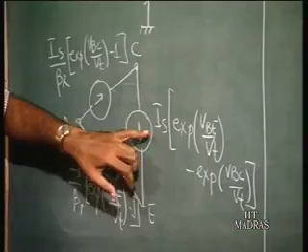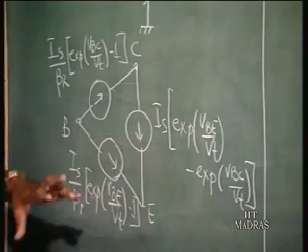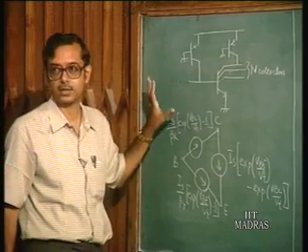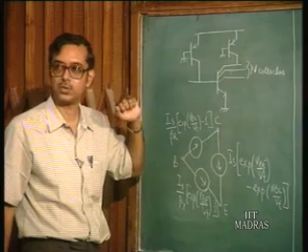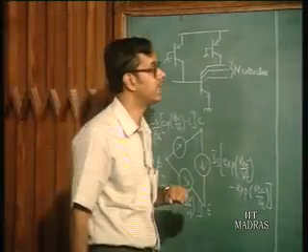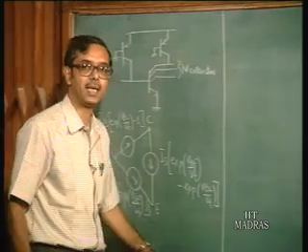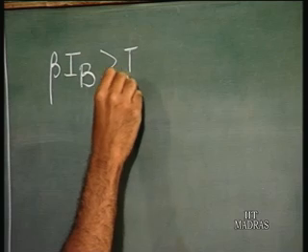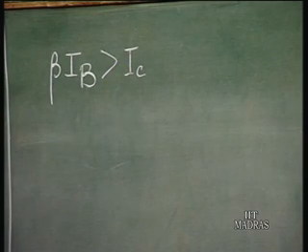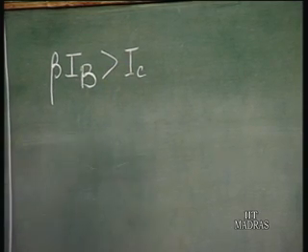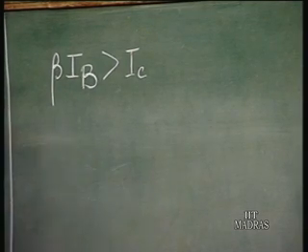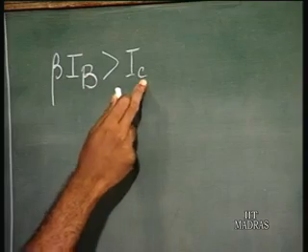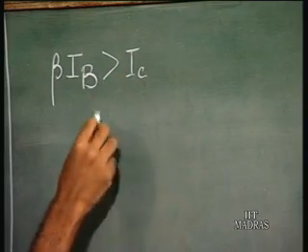So using this model we will try to derive a condition for the values of these parameters of the individual transistors, that is IS and beta of the NPN and PNP, which must be satisfied so that this cell works, that is, this NPN transistor goes to saturation. Now the condition for saturation we know is that beta times IB is greater than IC. So if you consider them as n transistors, the total collector current for the n transistors is n I naught.